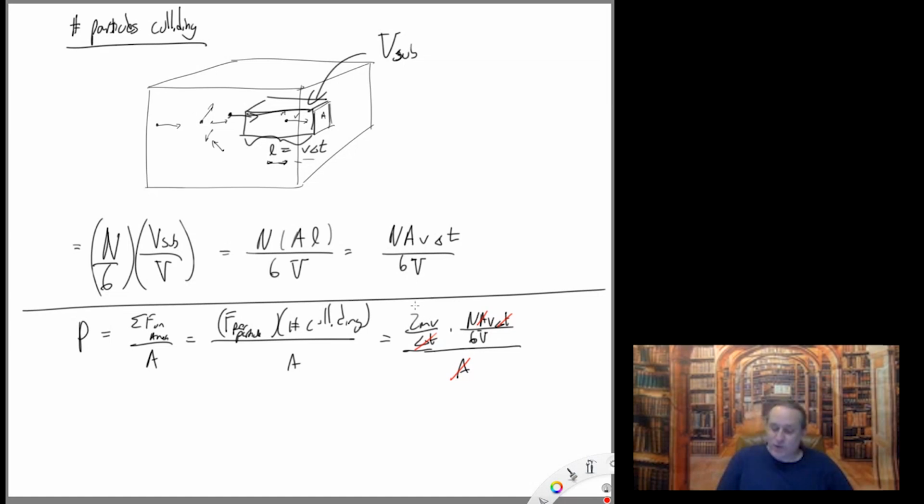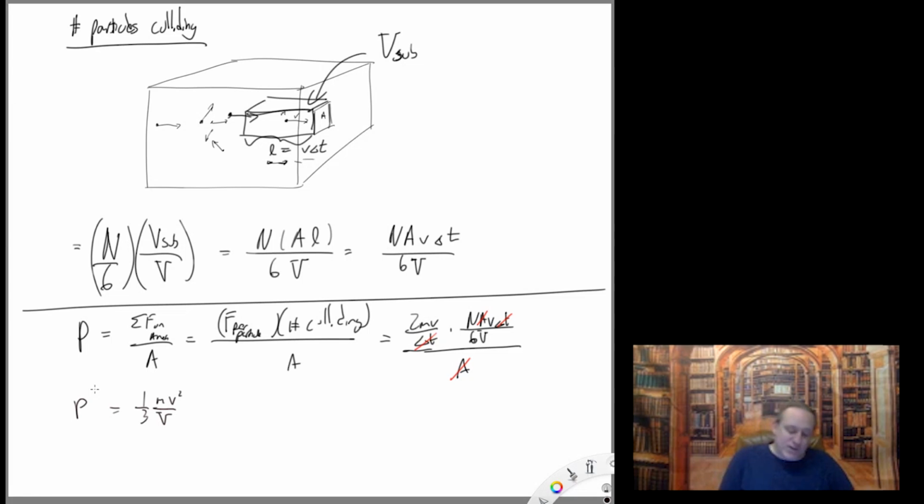What else happens? There's a 2 over a 6. We can reduce that to a 1/3, and there's also a v and a v, so that's going to be a v squared. So putting it all together, what we get is P equals 1/3 N m little v squared over big V. This is a purely theoretical prediction of what the pressure in that box is going to look like based on the volume of the box, the masses of the particles, and the velocities of the particles.